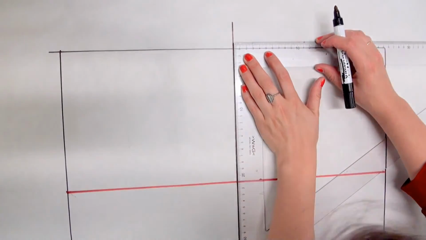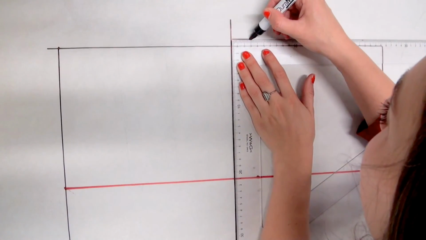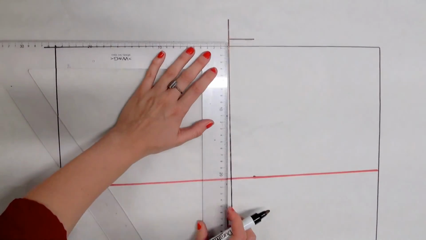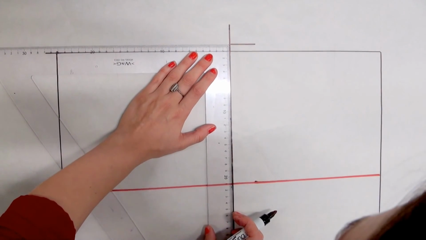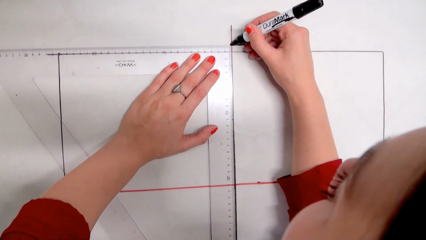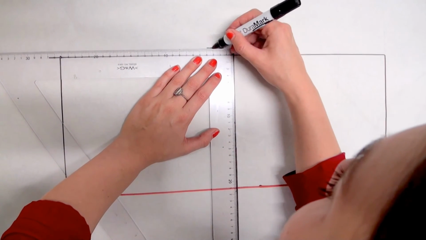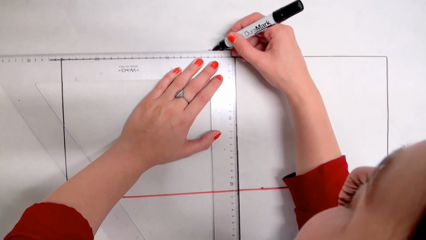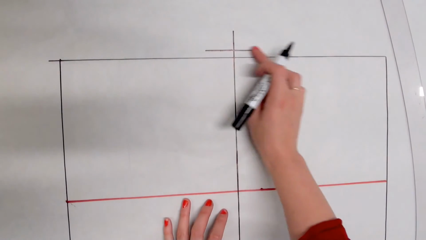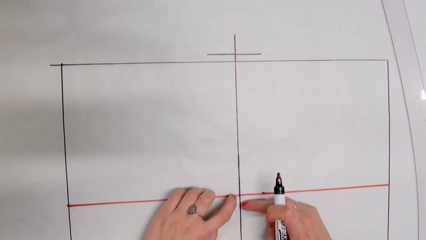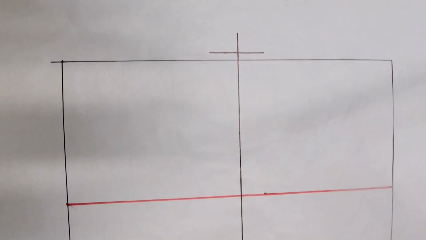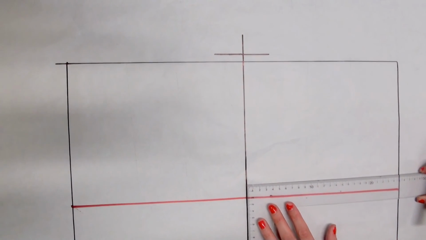Just because my marker's a bit big. Okay, and I'm going to flip my ruler. We'll rotate it so that we're again squaring off the side seam. That's what that line was at the quarter scale. Right. Okay, so we've sort of got a bit of a cross. Okay, now up from your hip line, measure up 2 centimetres and put a balance mark.